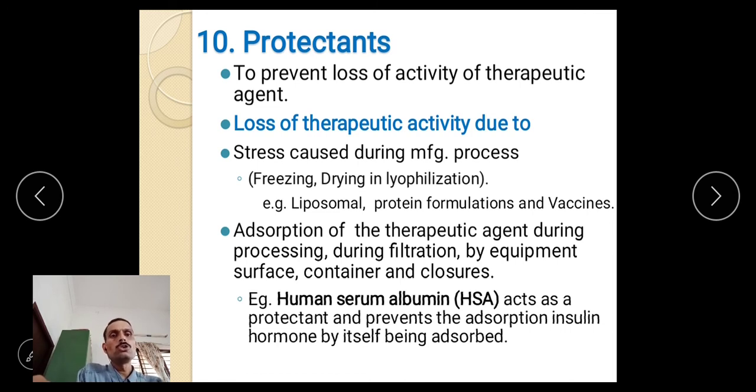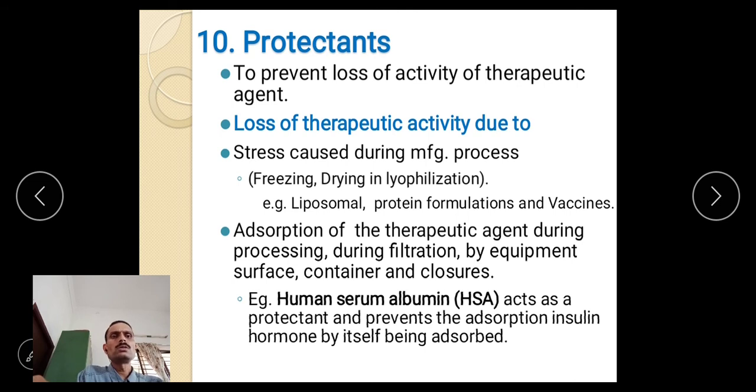Human serum albumin acts as a protectant and prevents the adsorption of insulin hormone by itself being adsorbed. Whenever you are manufacturing insulin injection and you are filtering, the insulin will be adsorbed on the filter membrane.